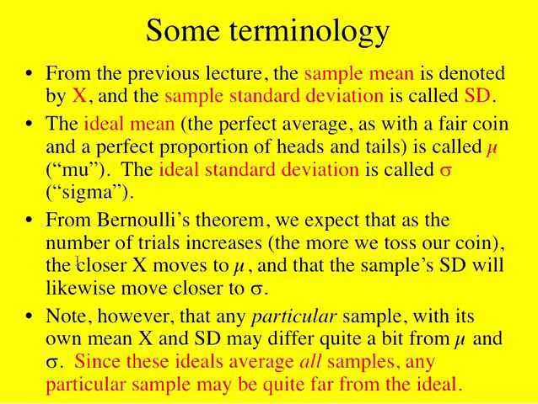From Bernoulli's theorem, remember, we expect that as the number of trials increases, the closer our sample moves to the ideal, right? So that means not just for the average, but also for the deviation. The sample standard deviation moves closer to the ideal standard deviation. For any particular sample with its own mean and its own sample standard deviation, they may differ quite a bit from mu and sigma.